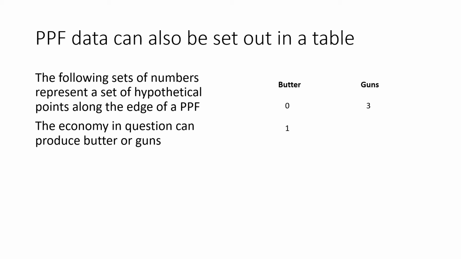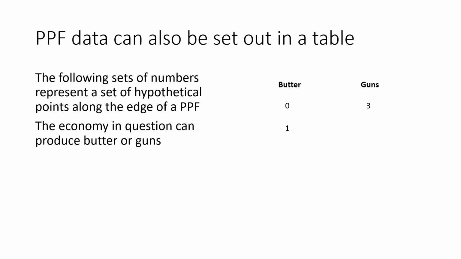So let's imagine that consumer preferences move in favour of butter. So we want to start producing butter. What would be the opportunity cost of producing this first unit of butter? Well, we're going to have to take factors of production out of guns to move them into butter so that we can start making butter.